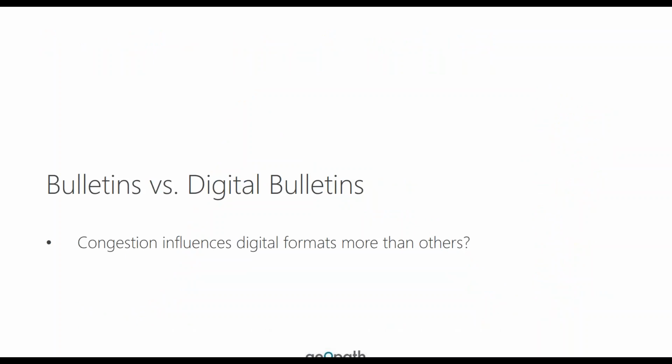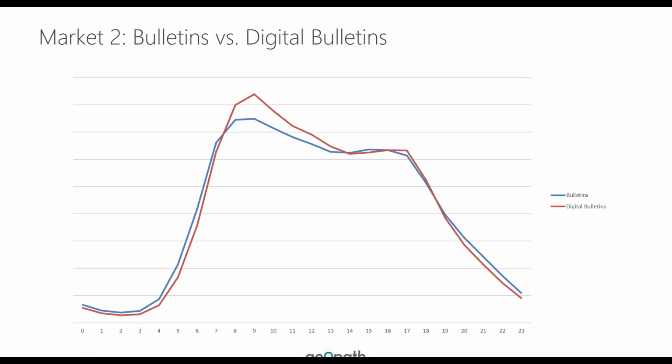Okay, so then we wanted to pull out just types of media, looking at bulletins versus digital bulletins, and you start to see how congestion influences digital formats more than other formats. So here's the first market we're looking at, digital bulletins versus static bulletins in blue.